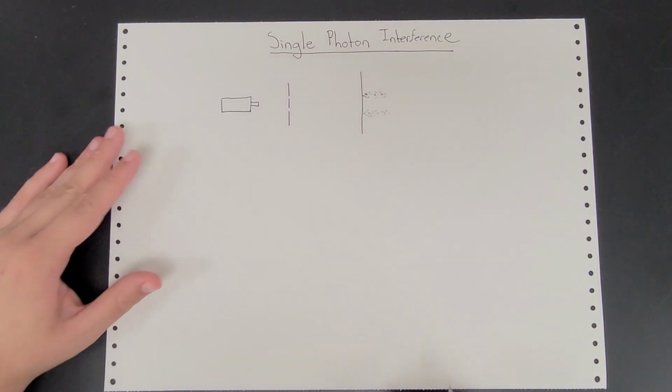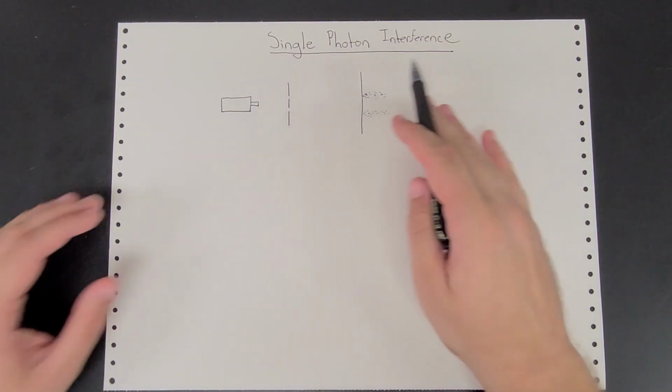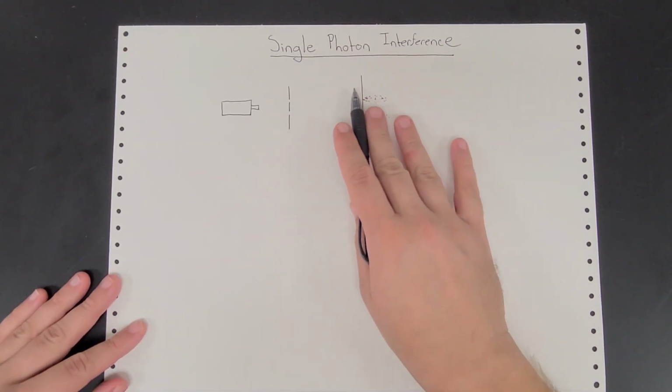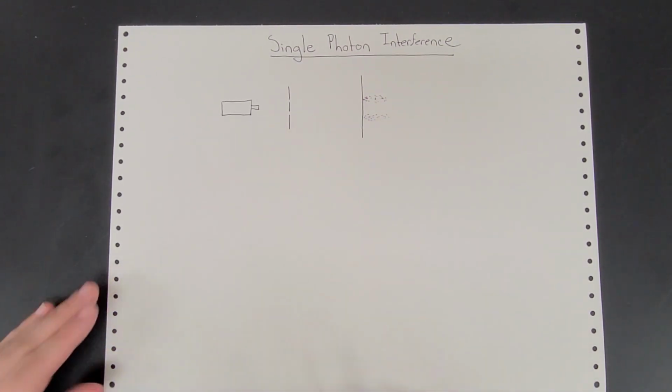Like pouring sand through two slits. You would expect just two piles of particles that are coming and striking our detector some distance away.